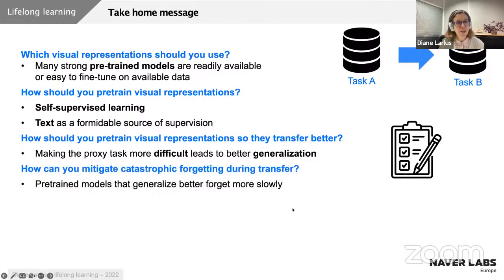Finally, how can you mitigate catastrophic forgetting during transfer? Well, we've seen how in general, stronger pre-trained models tend to forget less. Intuitively, if the model is already very good and generalizes well, then it requires fewer training steps to adapt, so it is less likely to forget.